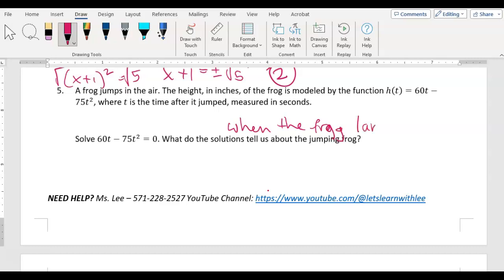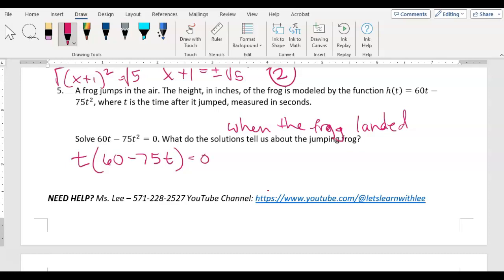Looking at this, I think the easiest way is to try and factor something out here. So I'm going to factor out the t, and I'll be left with t times 60 minus 75t equals 0.